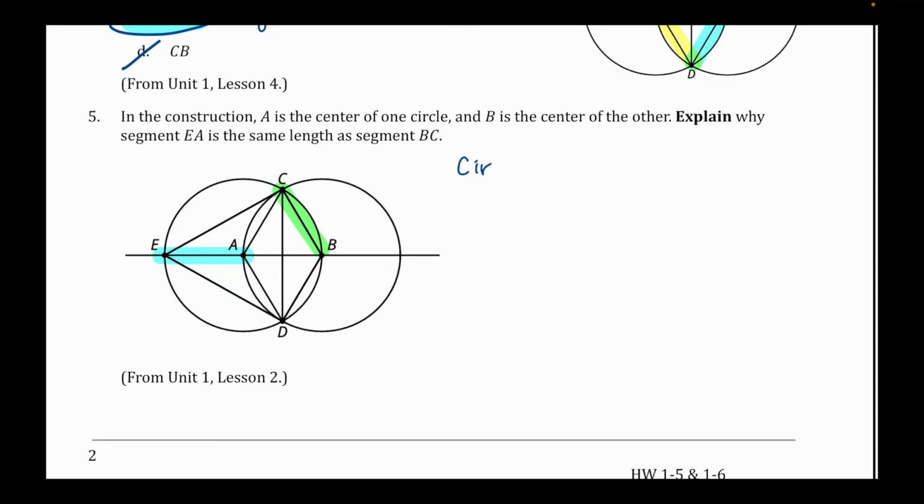I'm going to say circle A and B are congruent because they pass through each other's centers.